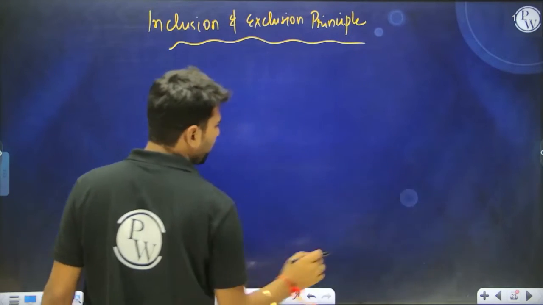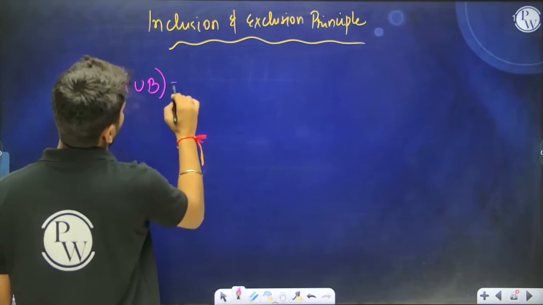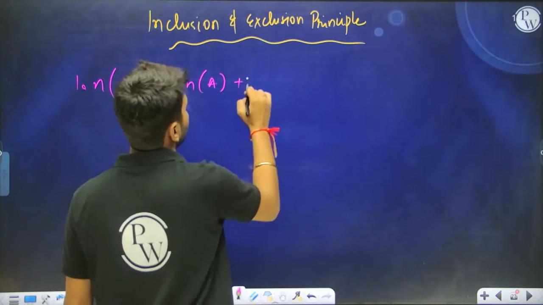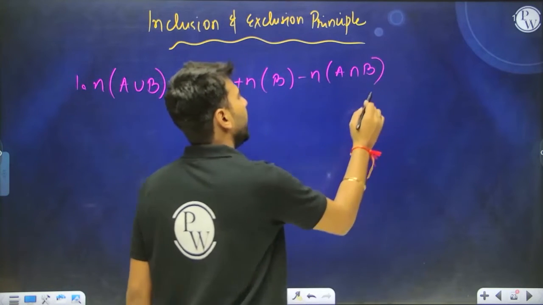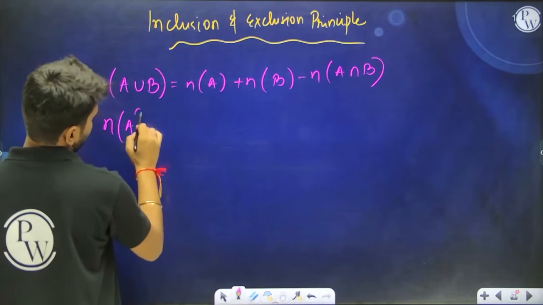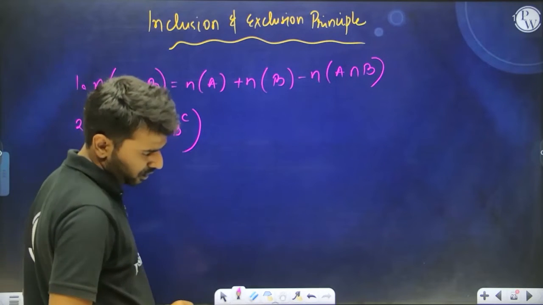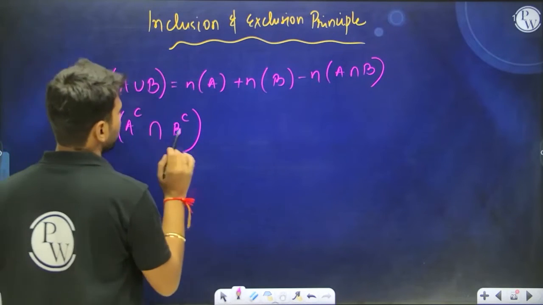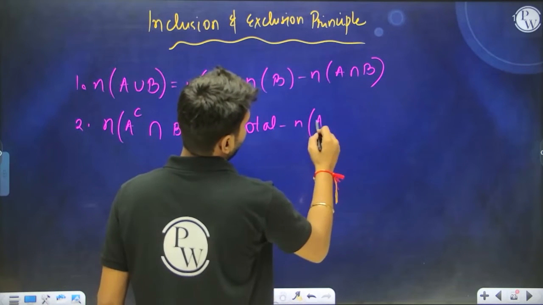I hope that you people have gone through this formula in sets. n(A union B) is equal to n(A) plus n(B) minus n(A intersection B). And also this formula: n(A complement intersection B complement) is equal to total minus n(A union B). These are the two formulas.